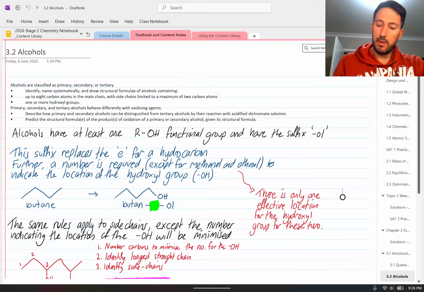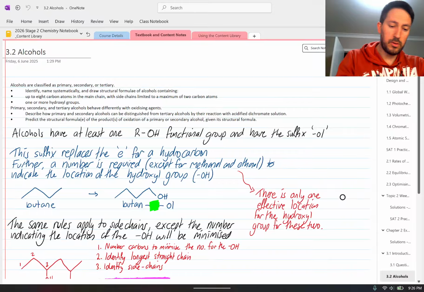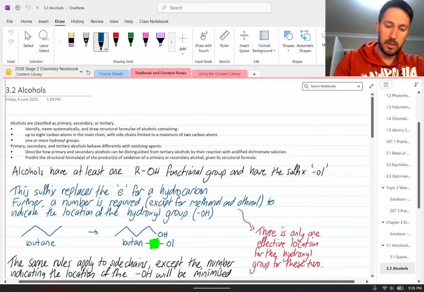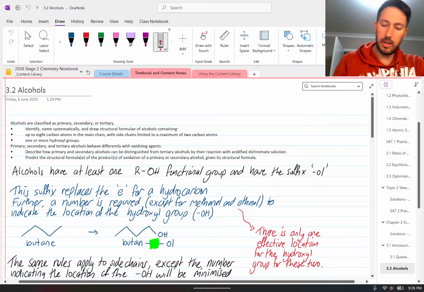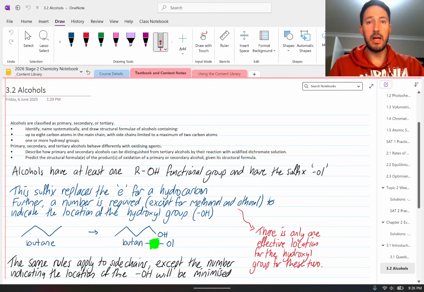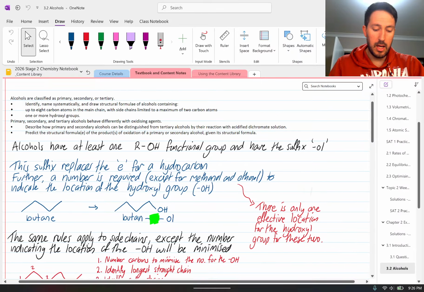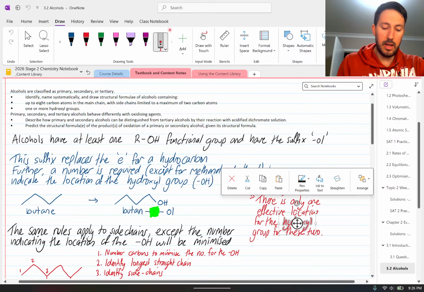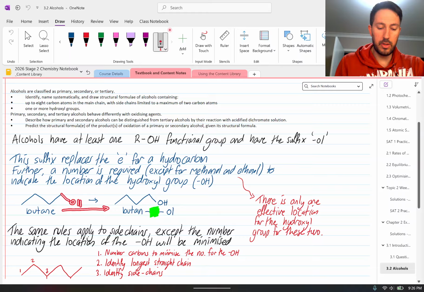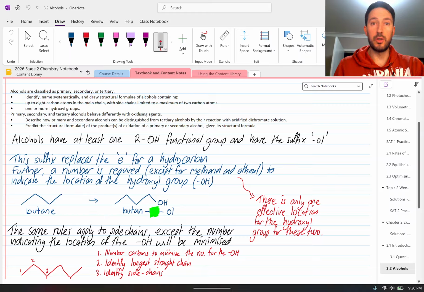Now, they have the suffix ol, so while I'm here, I'll get the little LED pen going again. You'll see the suffix ol at the end of our name. For example, if you start with an alkane such as butane, and you take that and chuck an OH group on the end, you'll end up with a butanol.